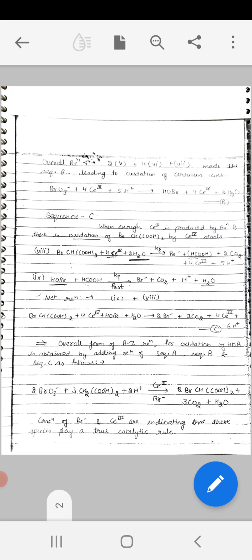It is a fast reaction and forms bromide plus CO2 plus H ion plus water.